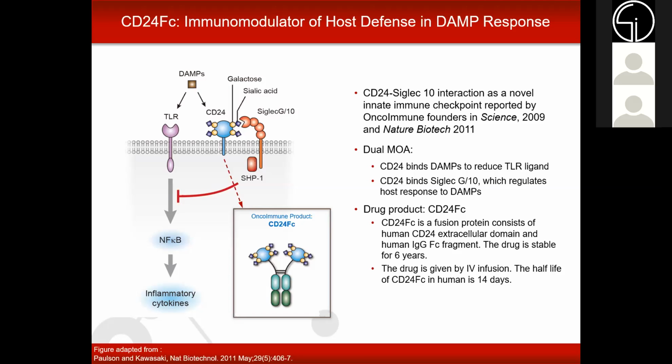Number one, CD24 directly binds to a lot of these danger molecules, which reduces toll-like receptor ligands, so fewer molecules bind to the toll-like receptor to activate the immune response. Then CD24 also binds to Siglec-G and Siglec-10 to give a negative signal, directly inhibiting NF-κB activation.